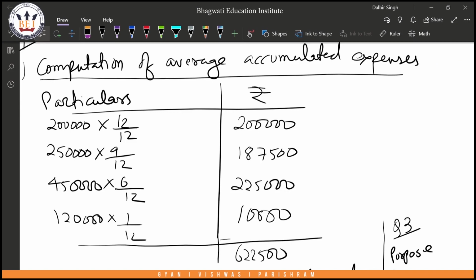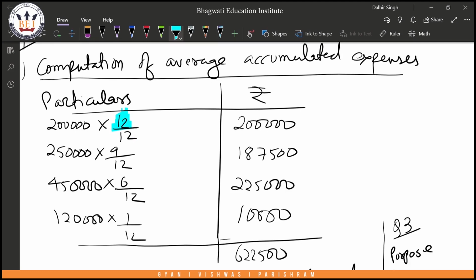Now 2 lakh, the first expenditure you made in January, has been utilized for the whole 12 months. Outstanding, how much is incurred in the building, that is for 12 months.